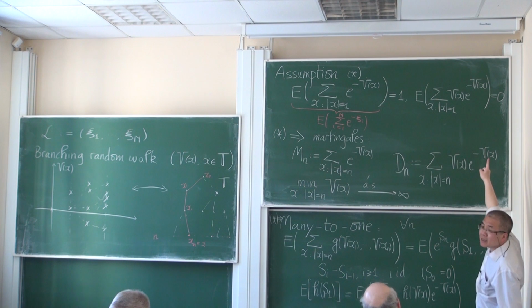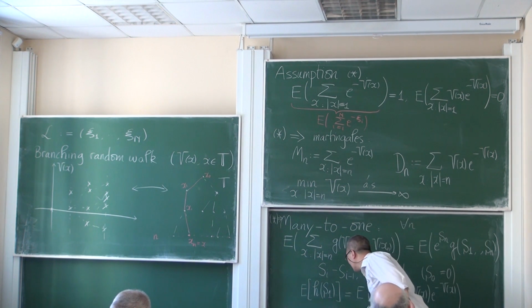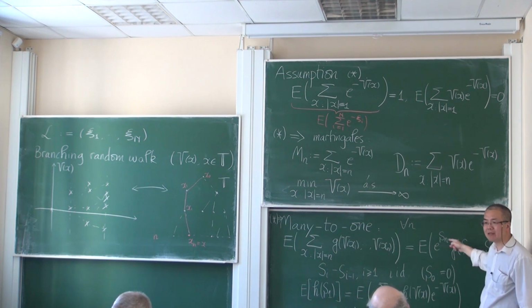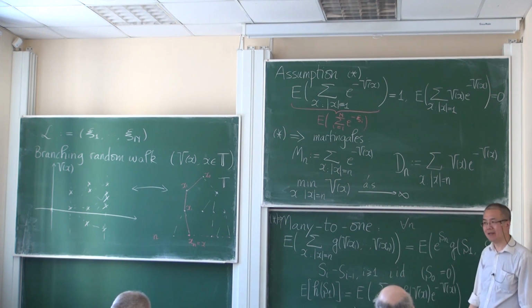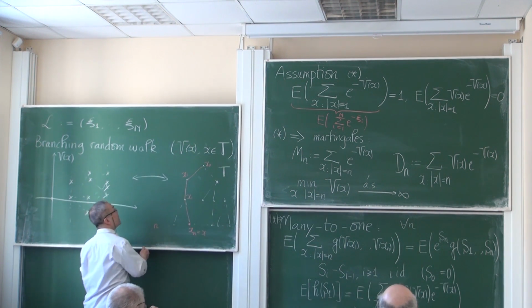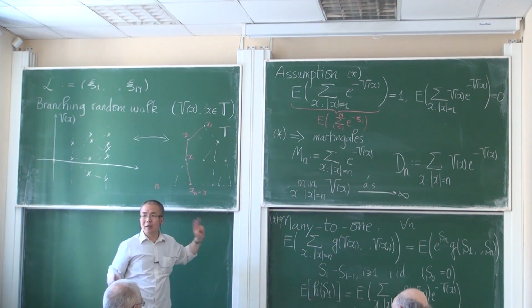But the second part of the assumption tells me that in particular, the new random walk is mean 0. And that's very important in the sense that we have a random walk, but which is mean 0. And that's something very enjoyable.